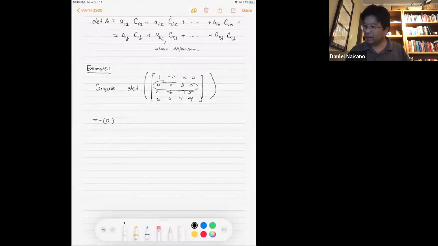Later on, you're not going to write this out, but let me just write it out. I'm going to take out the first column and the second row. I get -6, -7, 5, and I get 0, 4, 4, right?